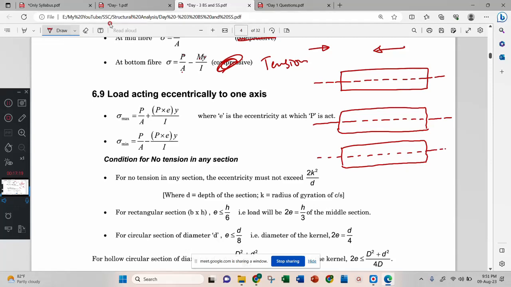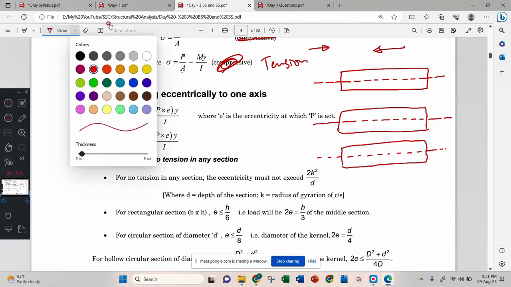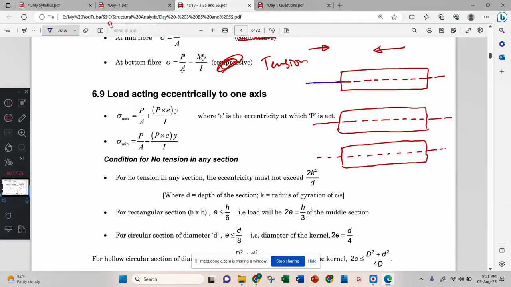Now we'll take a blue color. In the first diagram, the force is like this and the force is like this, and in the second diagram the force is like this and another force is like this. In the third diagram the force is like this and the force is like this.